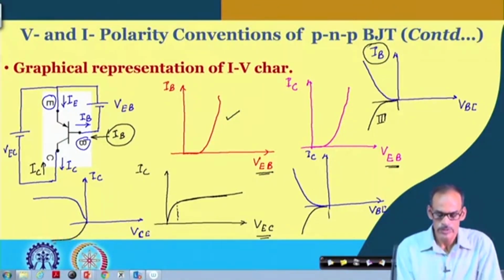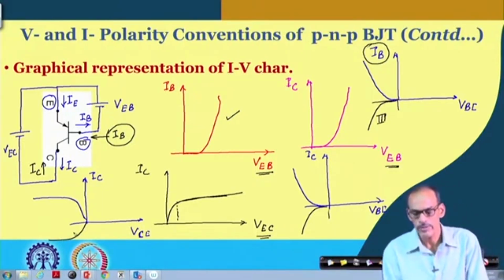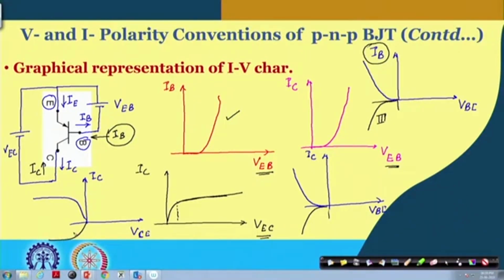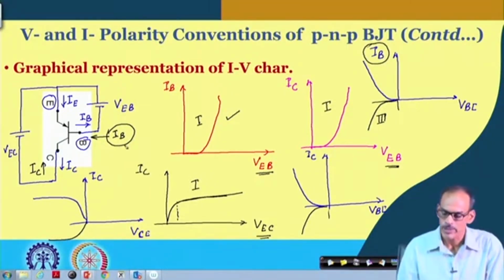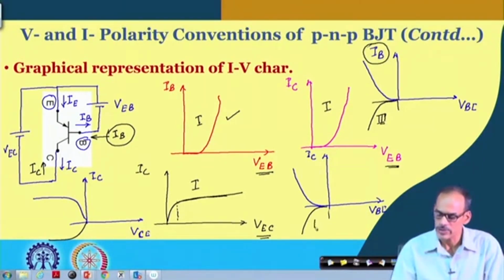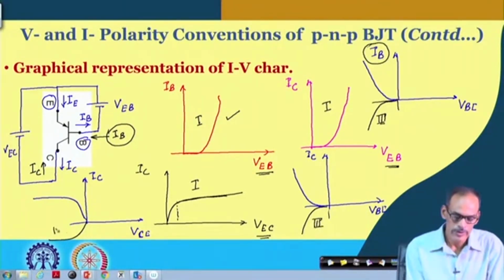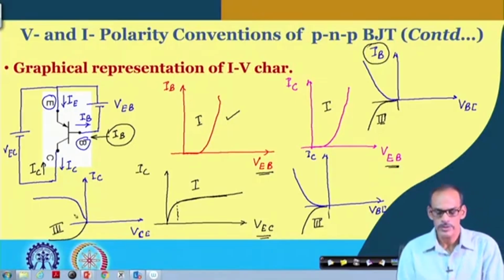We will discuss this later, but just to make you aware that there are two approaches to go from NPN to PNP: change the polarity appropriately for PNP, keeping the IV characteristic in the first quadrant itself, or follow the same convention as NPN, but then the characteristics enter the third quadrant. Whenever the situation comes, we will go into detail.